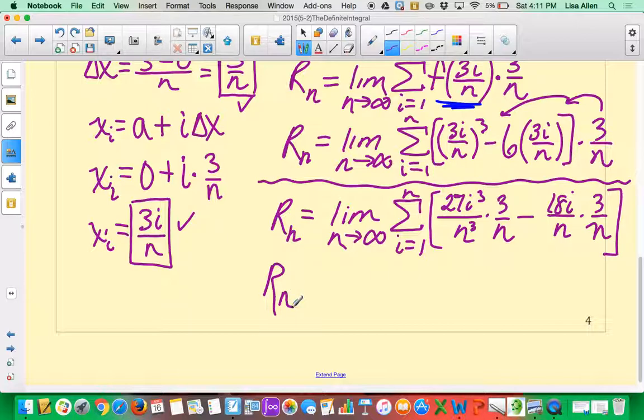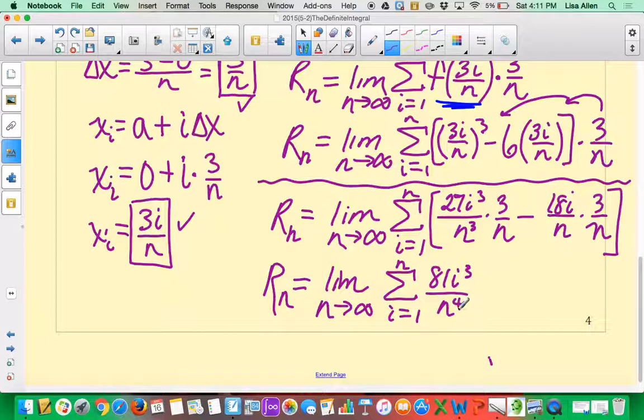We have r sub n is then equal to the limit as n approaches infinity of the summation from i equals 1 to n of 81i cubed, 27 times 3, i cubed, over n to the 4th, minus 18 times 3 is 30 plus 24, 54, i, over n squared. And that looks like it. Oh, yep, I think that's it.